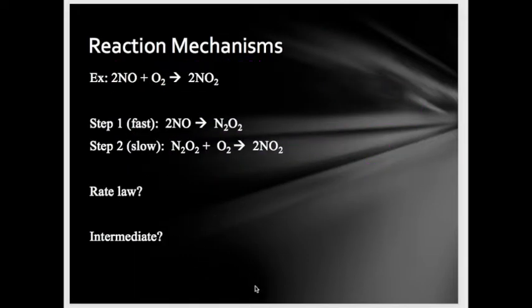Okay, so here's an overall reaction here, and here are two proposed steps. So I can tell you that this is a good mechanism, and let's see why. I want to make sure that these two steps add up to the overall reaction. So I have 2NO and I have O2. Those are both reactants.